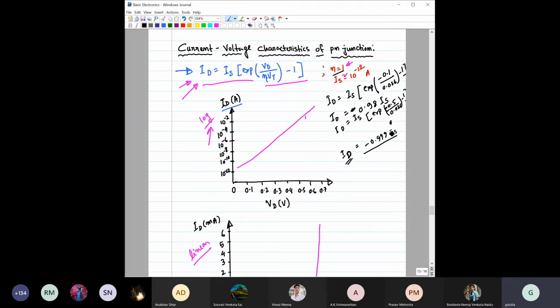That's why IS is called the reverse bias saturation current. This formulation ID equals IS takes care of both reverse bias and forward bias, so it is valid in both.